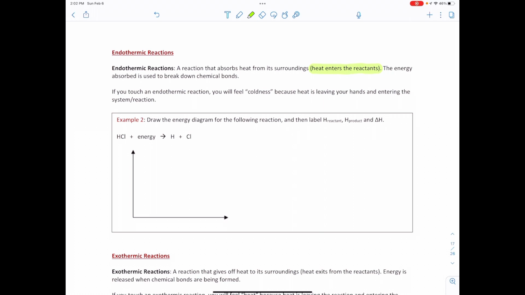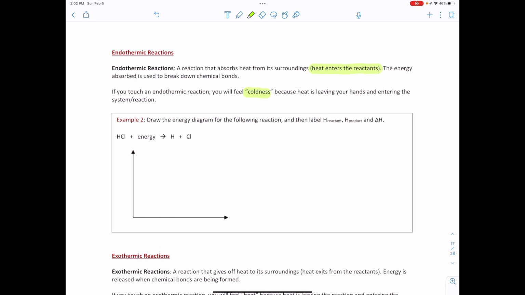So if we touch an endothermic reaction, oftentimes we will feel a coldness or a lack of heat. That's because the heat from our hands, which are the surroundings, is entering that system or reaction. Now, this is a topic that we'll revisit later on, but I just want to introduce these two reactions, endothermic and exothermic reaction.